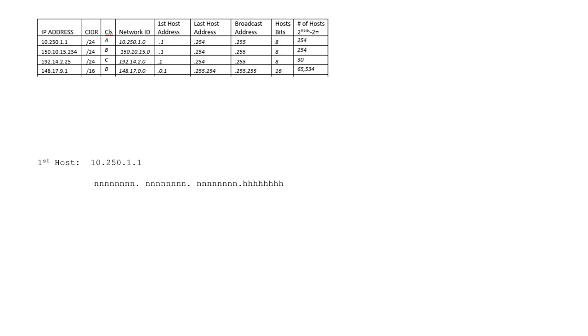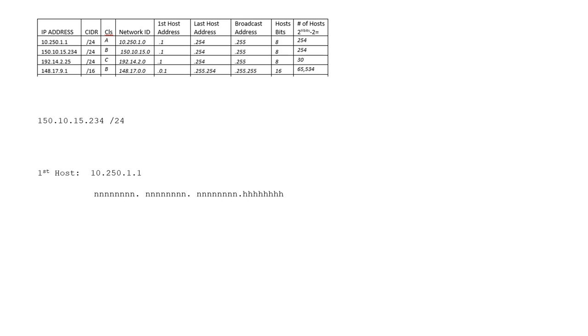And so our IP address is 150.10.15.234. Again, we have the CIDR notation, and that's going to tell us that we've got 24 bits in the subnet mask, and if we write that out in dotted decimal format, that gives us 255.255.255.0.